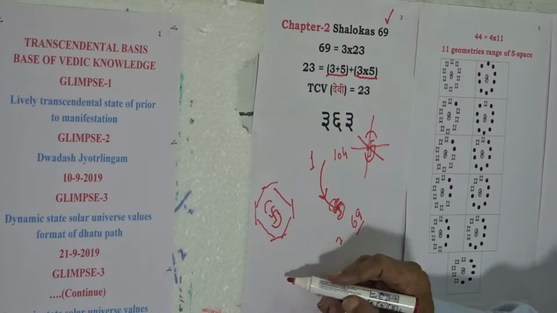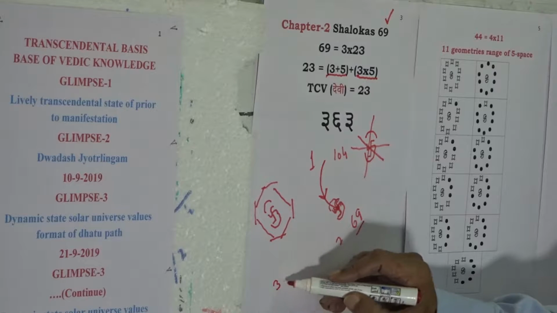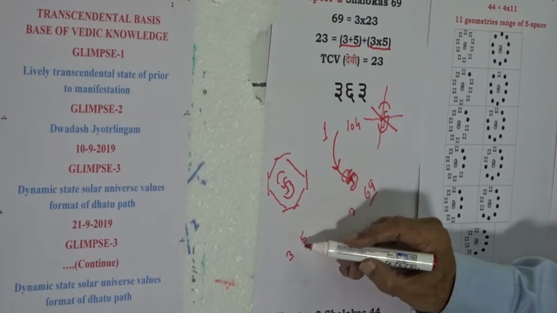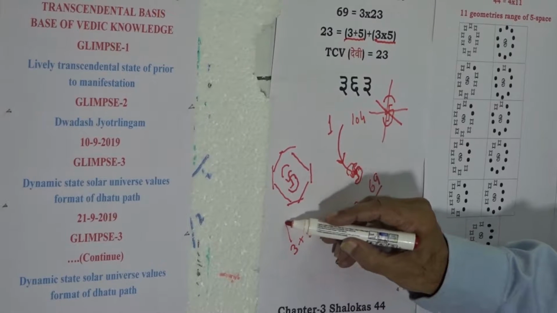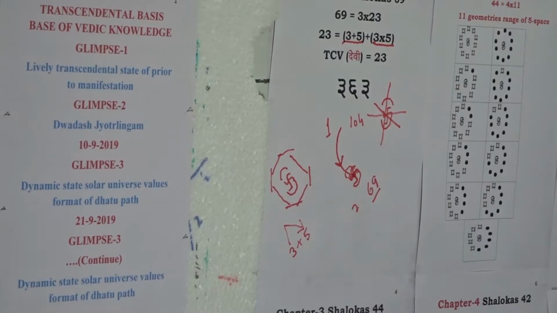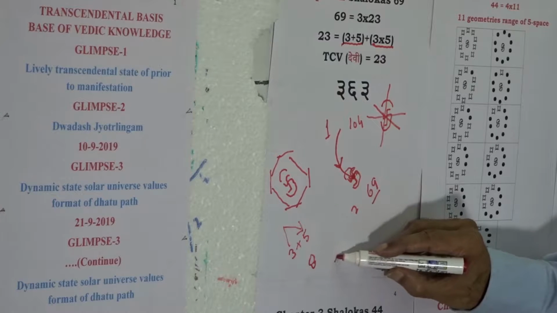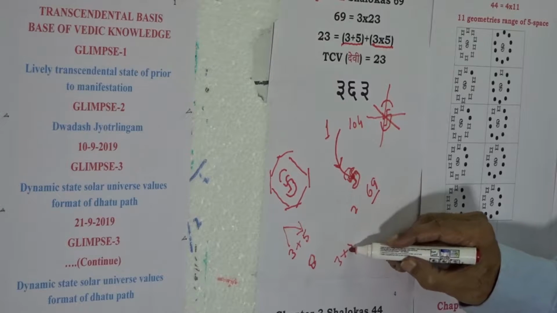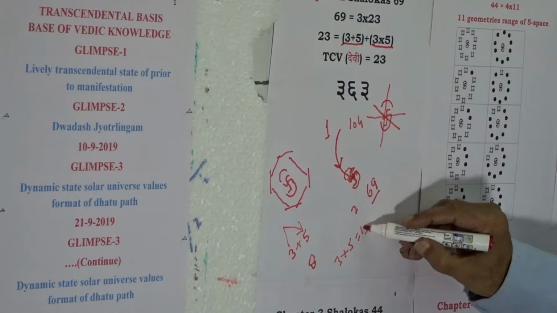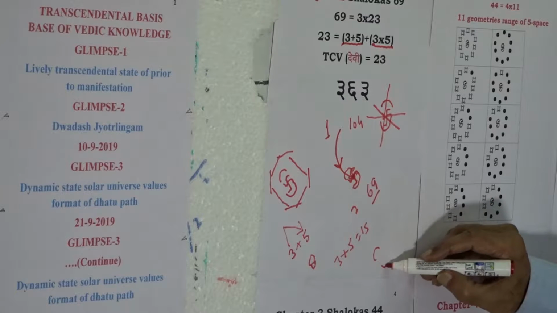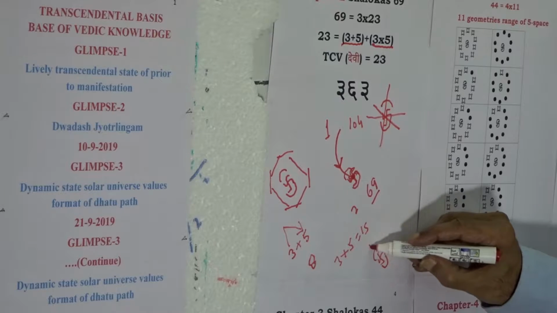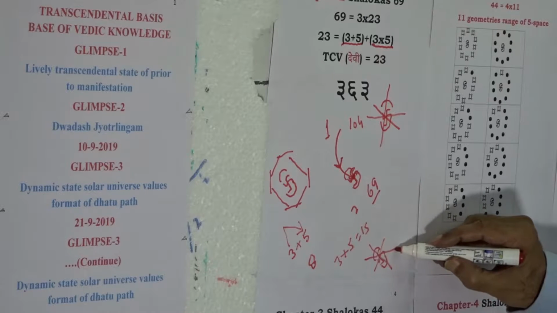Further, we know that this 3 space as dimension and 5 space as domain, with the superimposition of 3 space upon 5 space, leads us to value 8. Further, we know 3 multiplied by 5 is equal to 15, which is parallel to the solid dimensional frame of 5 dimensions of 5 space domain.